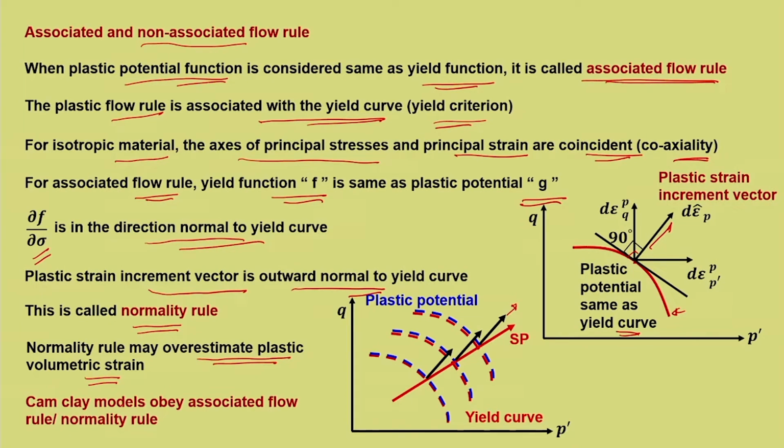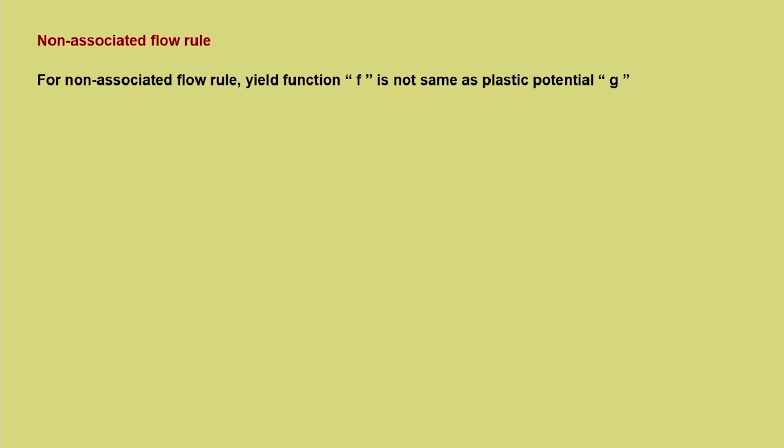Now, CAM-clay models, both CAM-clay and modified CAM-clay, obey the associated flow rule and normality rule. So, both are applicable for these models, and hence our discussion is mostly associated with that. What is meant by non-associated flow rule?